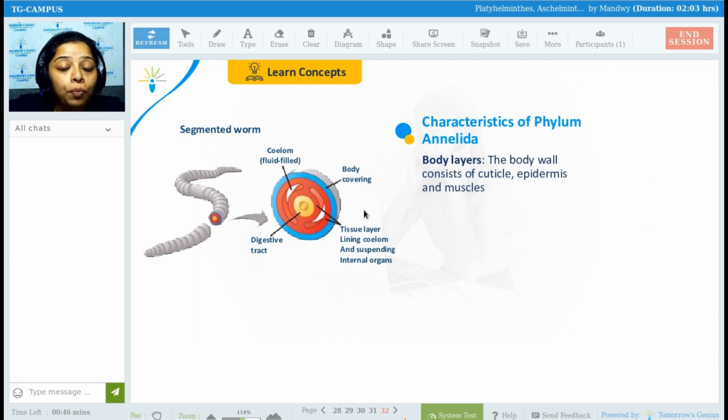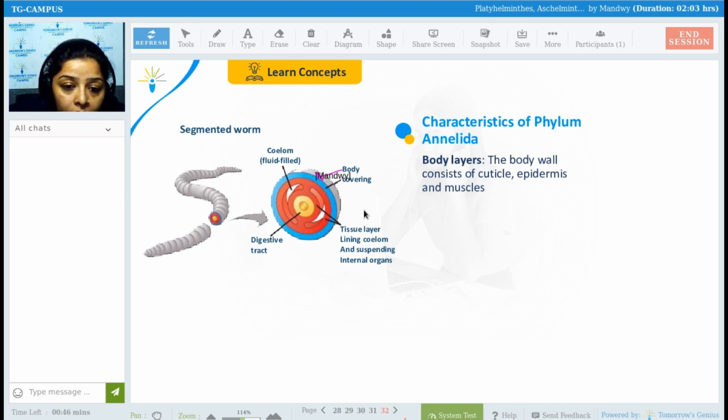Now let's see the germ layers or the body layers. The body wall is made up of epidermis and muscles, because it is an organ system level of organization. The outermost is the epidermis, and internally there is the muscular structure.